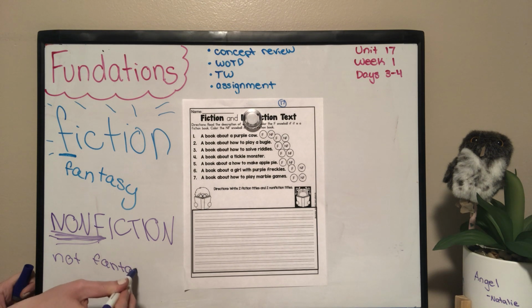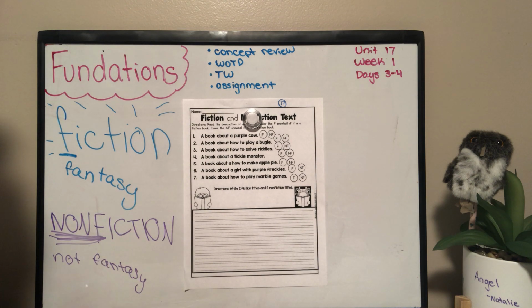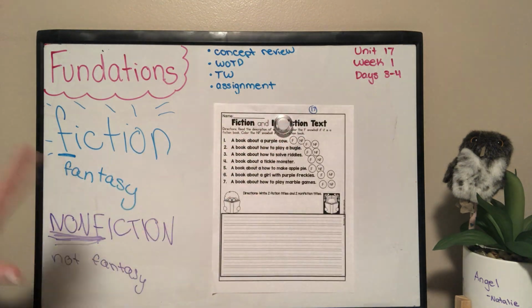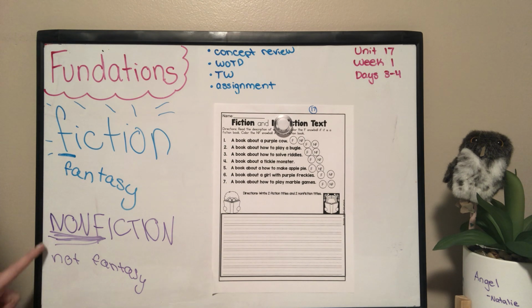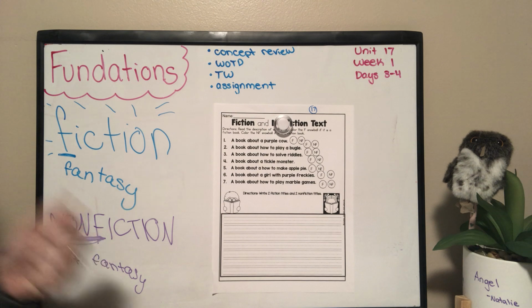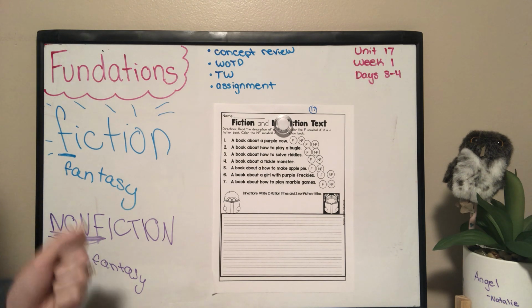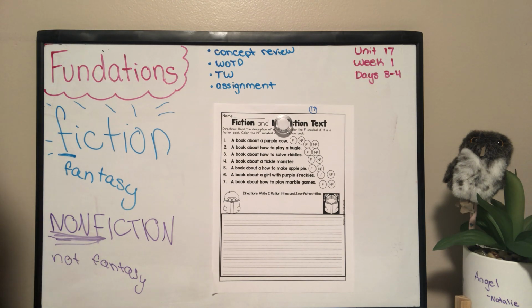I'm sorry for my bad handwriting here. But you know what? It's okay. It doesn't really matter too much. All right, fiction starts with F, so does fantasy. Non-fiction starts with an N for not fantasy. Okay? Fiction are stories that are made up. Non-fiction are stories that are true or books that have a lot of facts in them, like our textbooks and the dictionary. Cool beans?